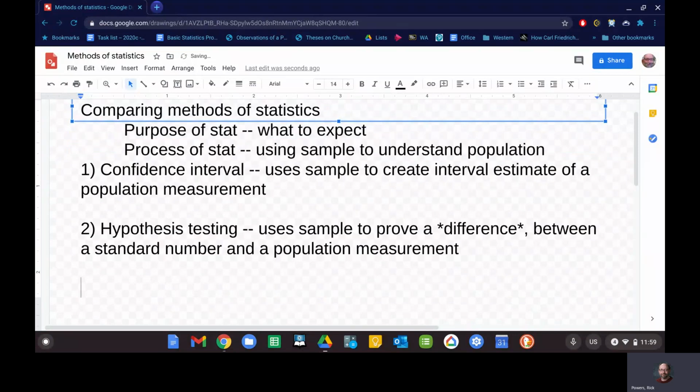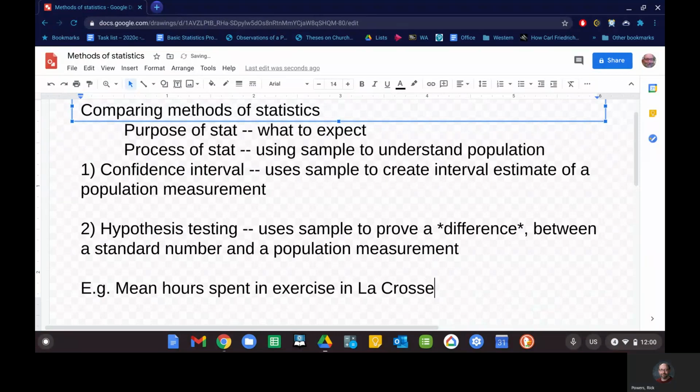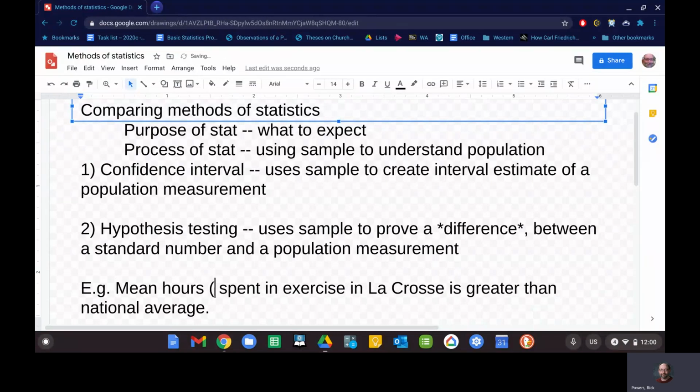For example, the mean hours spent in exercise in La Crosse is greater than the national average. I don't know if this is true or not, but it might be something we would want to try to prove. Okay. And when we're saying the mean hours spent in exercise in La Crosse, specifically, this is a population mean.